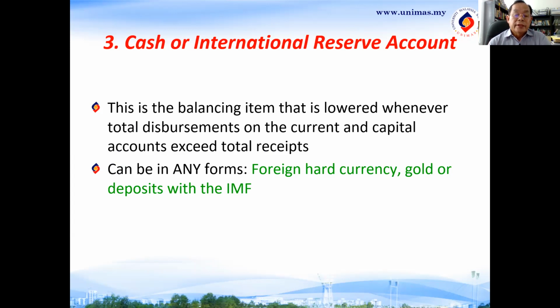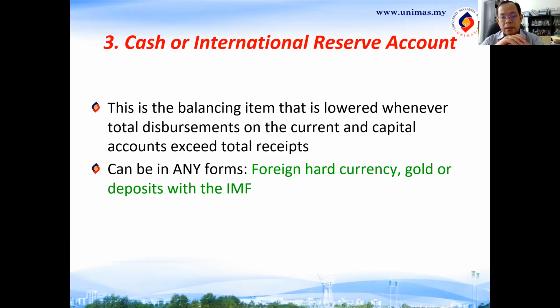Yeah? So it can be in any forms. It can be in the form of foreign hard currency, contohnya US dollar, ataupun Japanese yen, ataupun euro. Or it can be in the form of gold or deposits. Gold is something that is in the form of share, reserve, ya, tetapi nilai gold itu mungkin berubah juga lah, ya.